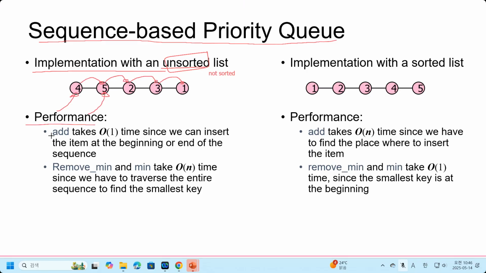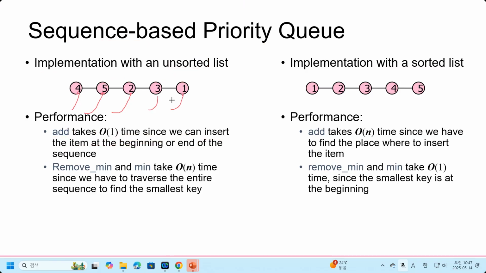So the performance is, if you do the insertion, it will take O(1), because when you insert, you can insert the item at the beginning or at the end of the sequence. So if I just put 4, then 5, then 2, then 3, then 1, it will be O(1). However, remove min, or checking the minimum, will be O(n), right?